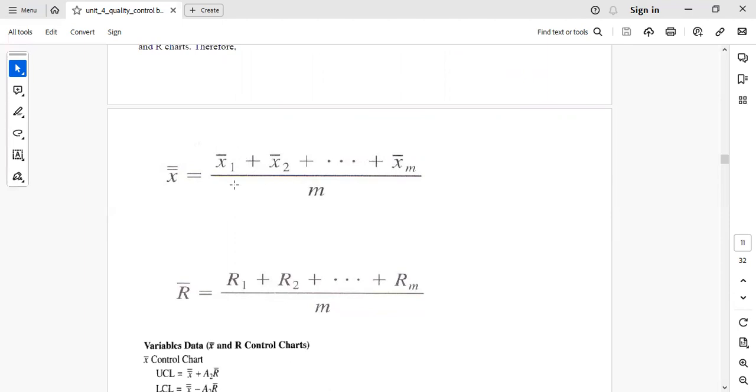So you get the mean of each set. Then once you get all the means, depending on the number of samples you have, you add all the means, then divide by the number of samples. That is going to give you X bar bar, which simply implies it is a mean of the means.